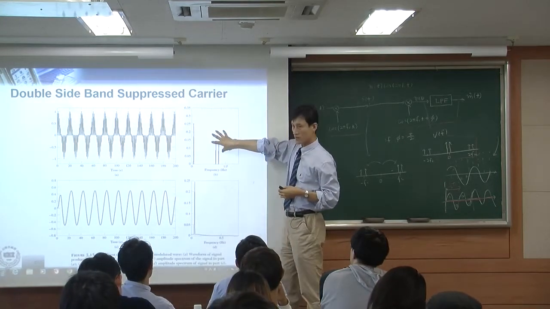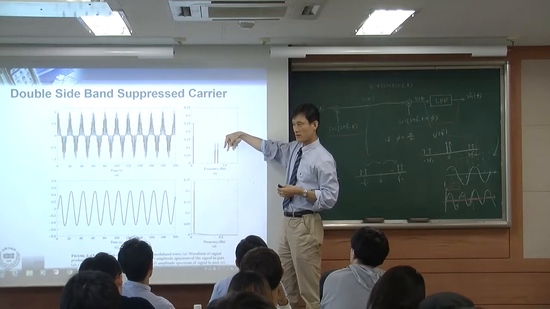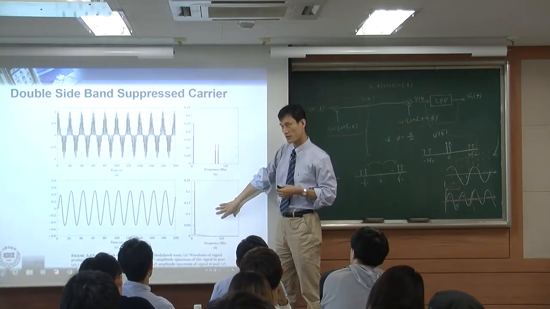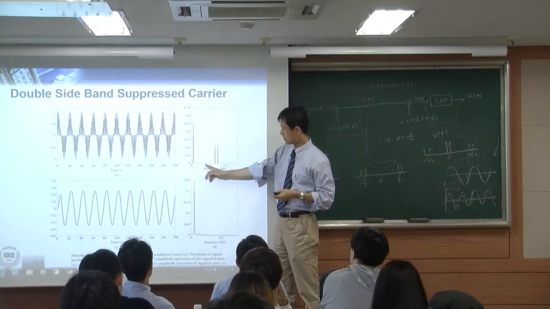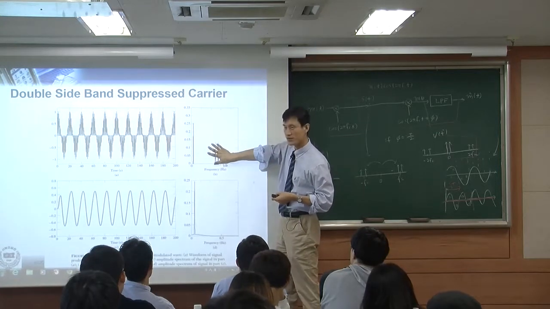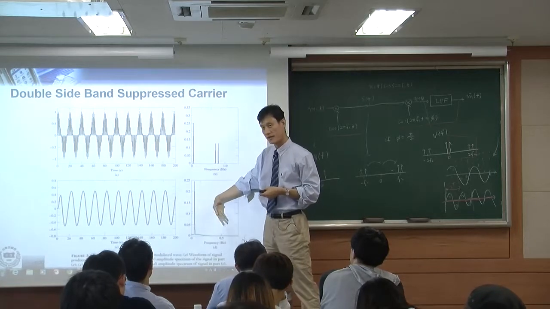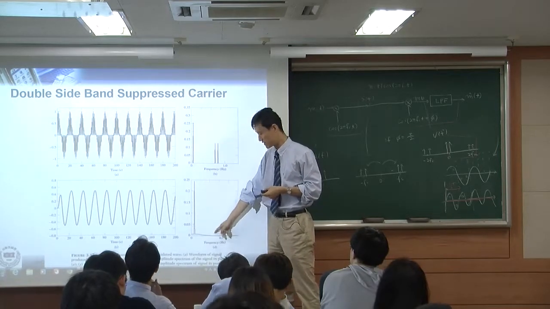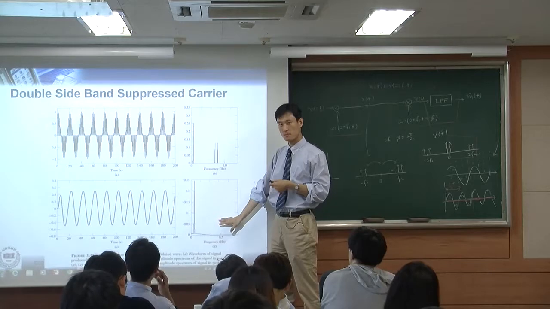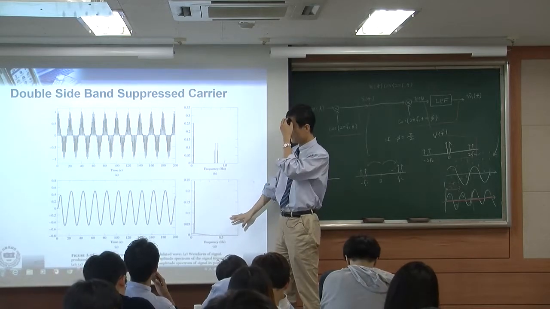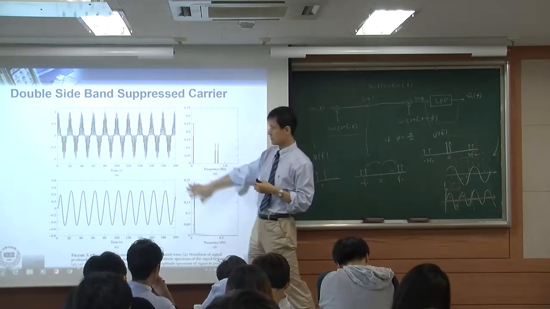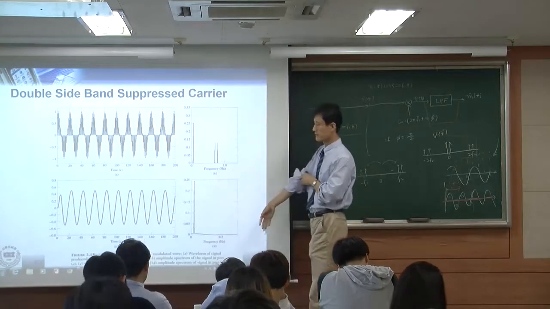You put this one into the low pass filter, the output is this one. Why? Because the low pass filter will block the high frequency component. Only the low frequency component will pass. So all the high frequency is now gone, by the low pass filter.